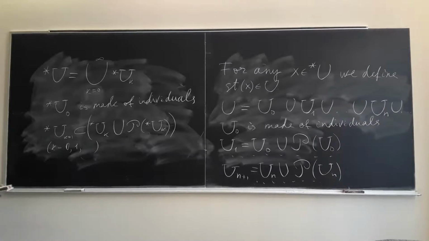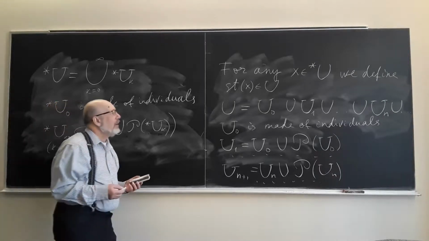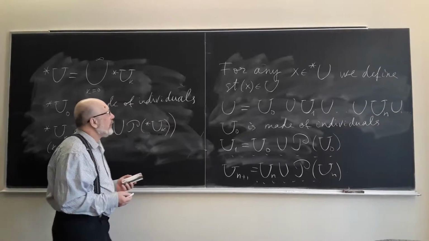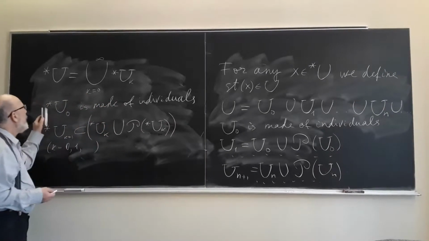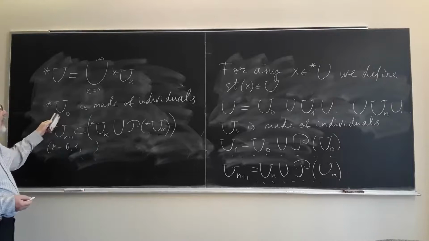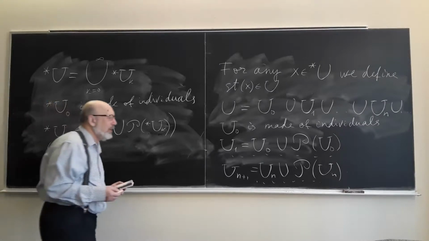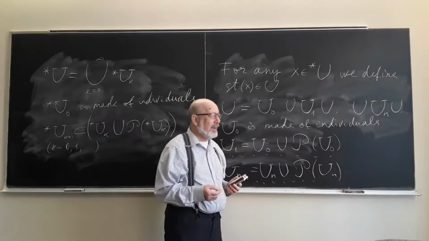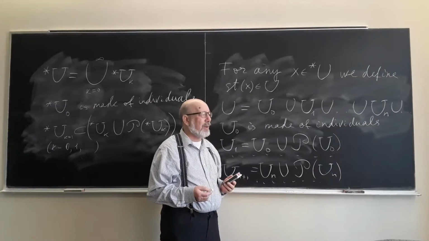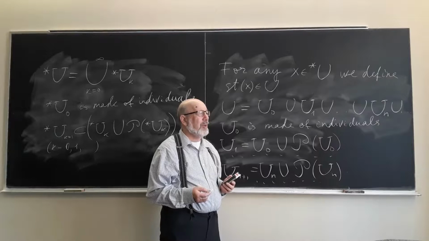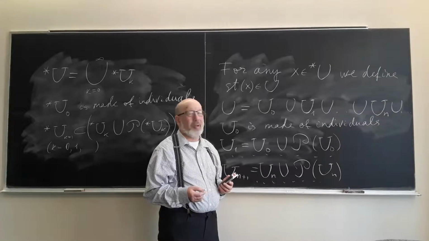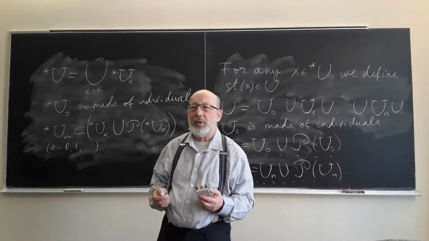So these elements are all individuals, and correspondingly we have star U0, which is also made of individuals, and some of its elements can have a standard part and some do not.